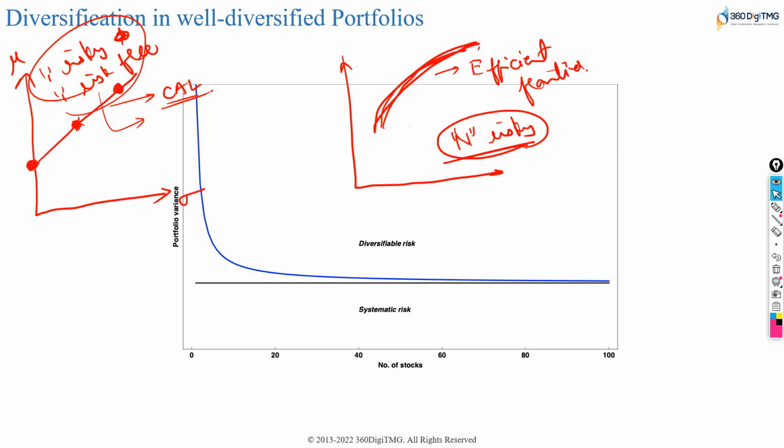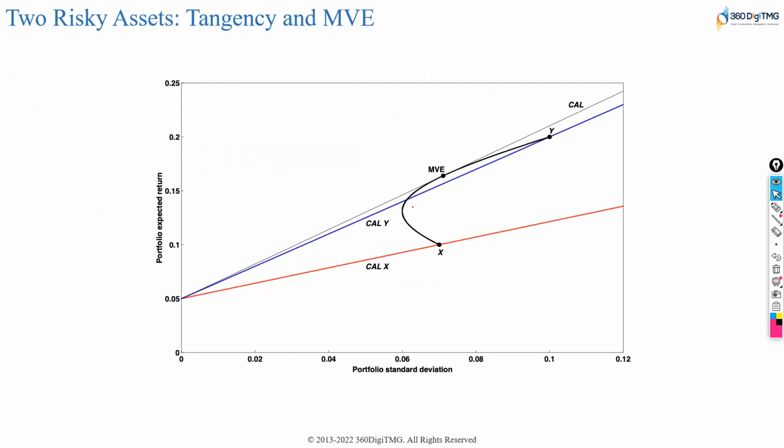All these n risky assets, you mashed into one efficient frontier or one efficient curve. You can invest anywhere on that. Now, if I were to bring in this risk-free asset, how would it look like? It will look like this.